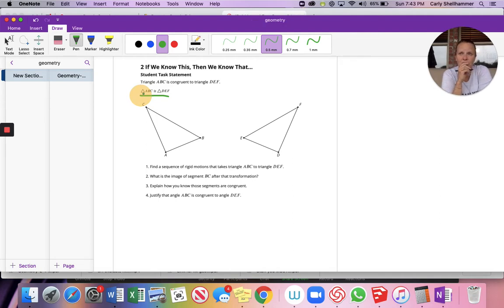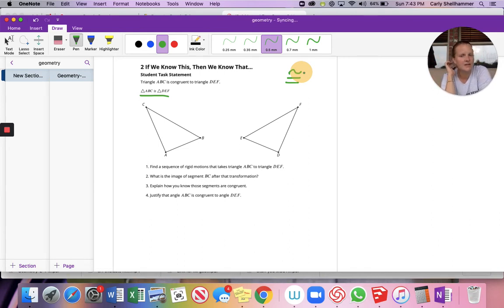I don't use the typed word triangle, I use the symbol triangle. I don't use the typed word congruent, I use the symbol congruent, which is right there and very small. But that symbol is congruent, and it looks like this. Okay, it's an equal sign with a squiggly over it.